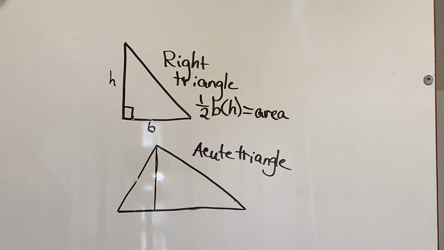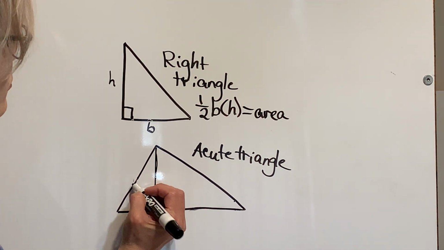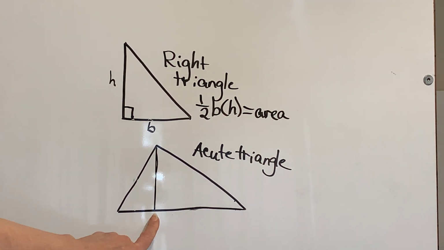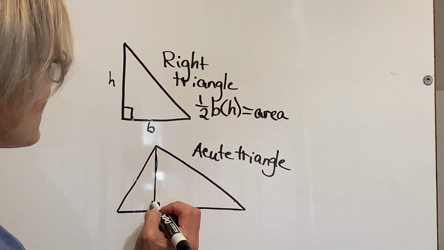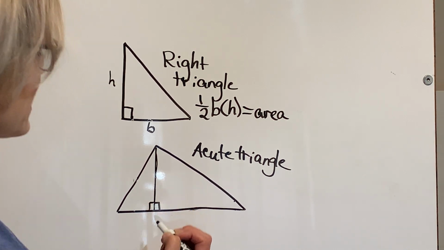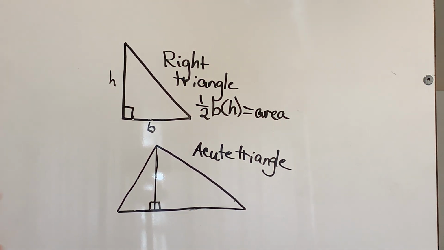Whoops. And now when we take a look at this, we have a right angle. Actually, we have two. We have a right angle on this side, and we have a right angle on this side. So I have created two right triangles.